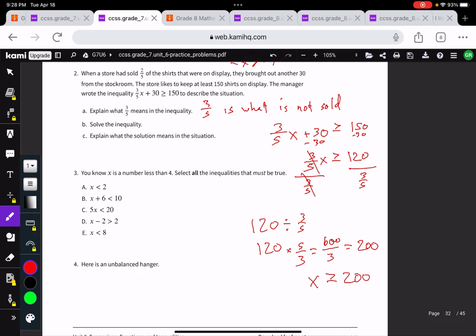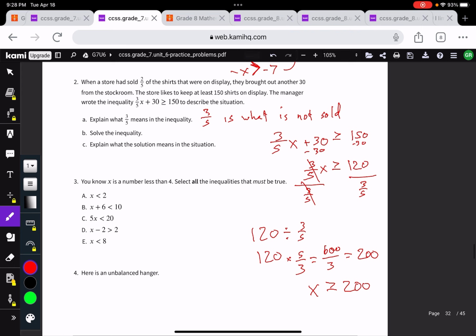So he had 200 or more shirts on display. That's essentially what it means. Explain what the solution means in this situation. He likes to keep at least 150 shirts on display. Well, in this case, is that what x means? They brought out another 30.